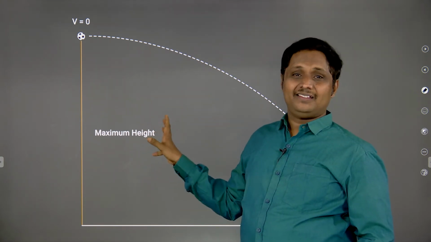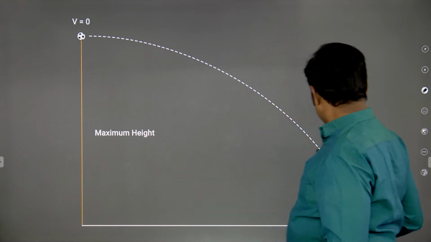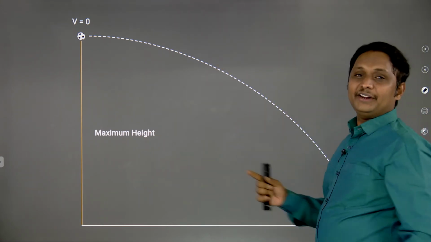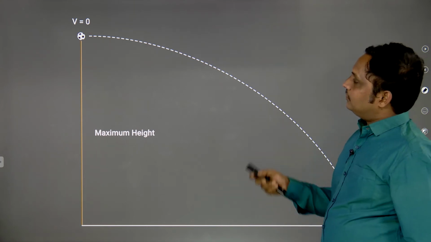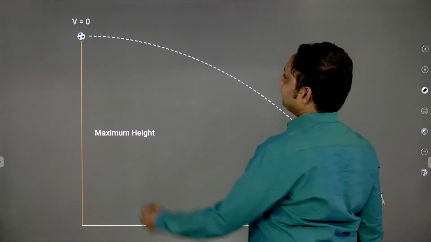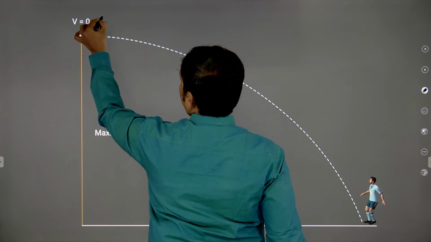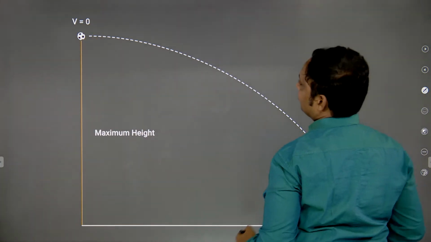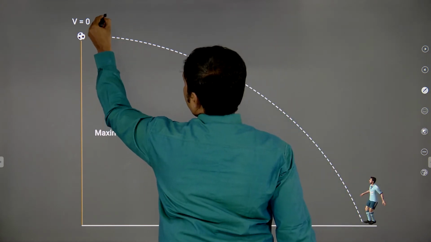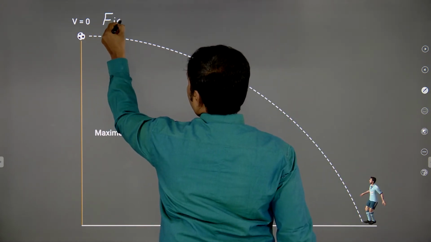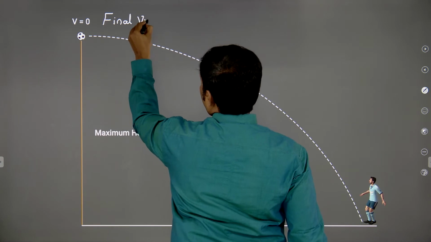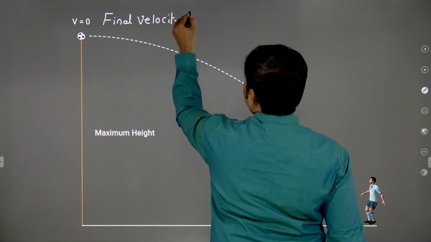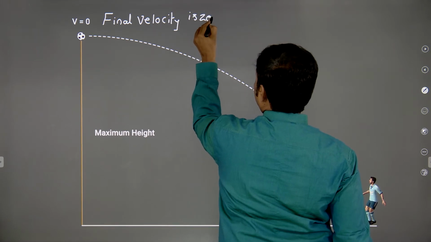It's very, very clear. This is easy for you to have a better understanding. Final velocity is going to be 0.